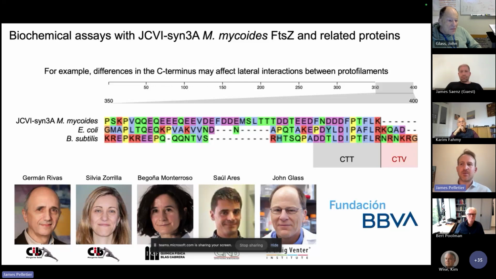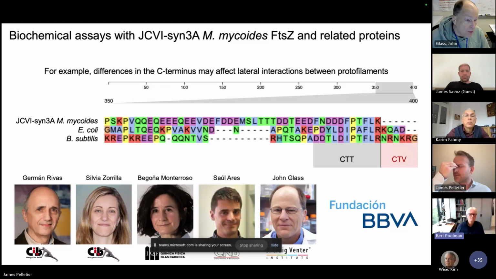And I think the dynamic process of oligomers forming and how they become enriched at the division site has been extensively studied in E. coli. I'm remembering a paper from the University of Tennessee, I think, but I don't remember the name; it will come to me later and I'll drop it into the chat.